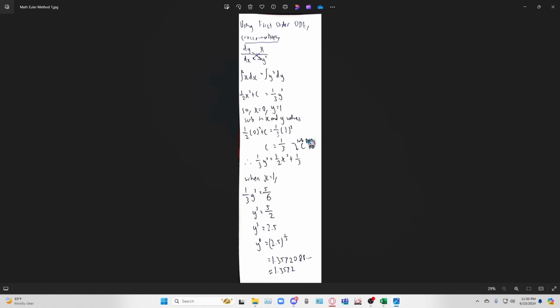This value you must substitute into c of the equation, which becomes 1/3 y cubed equals half x squared plus 1/3. Then when x equals 1, which is what it's asking for, 1/3 y cubed equals 5/6. Then y cubed equals 5/2, which becomes 2.5. Then to get rid of the cube, I raised it to the power of 1/3, and I get the answer of 1.3572.